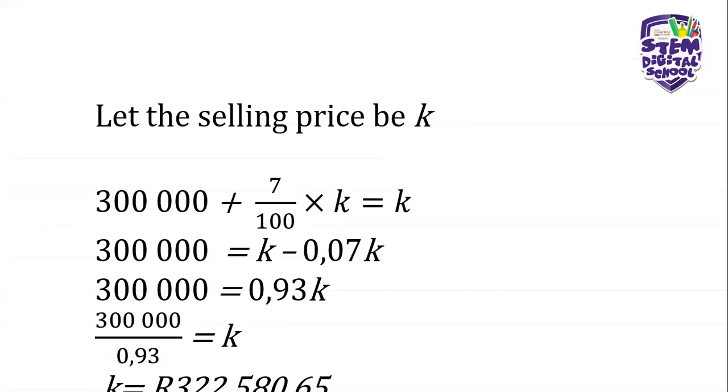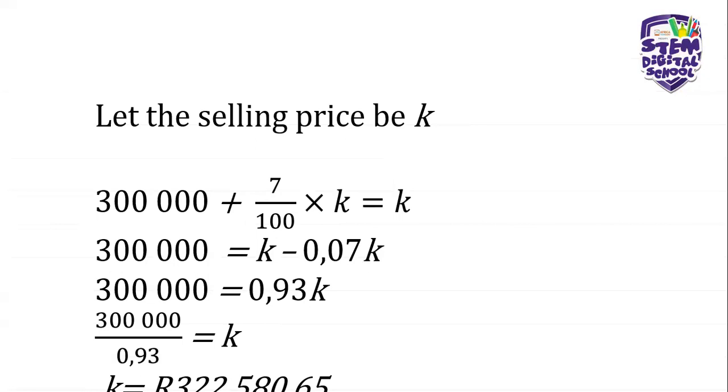And if you divide now, remember that I always say whatever you do in the left-hand side should also be done in the right-hand side of the equation in order to keep your equation balanced. So the coefficient of K there is 0.93, and we need to get rid of the coefficient by dividing by 0.93.